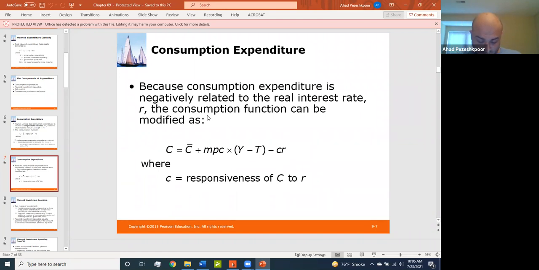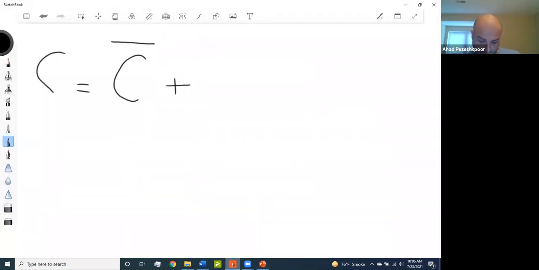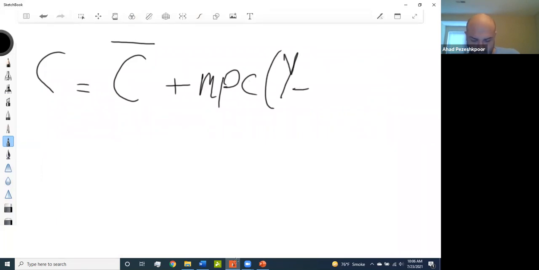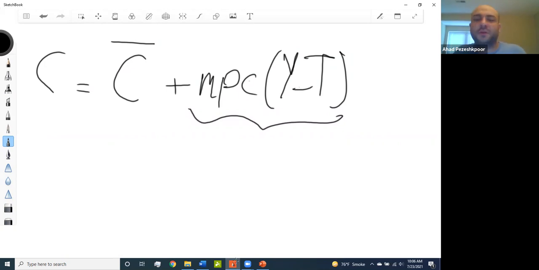So one of them is a positive effect: marginal propensity to consume, multiplied by Y minus net taxes. This would improve your consumption. Now I have money, I don't need to worry about it.